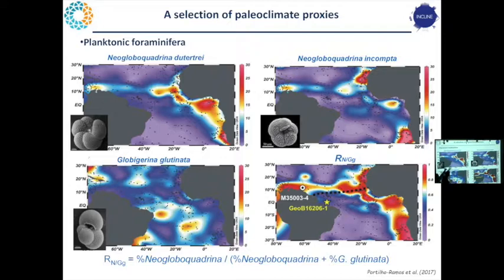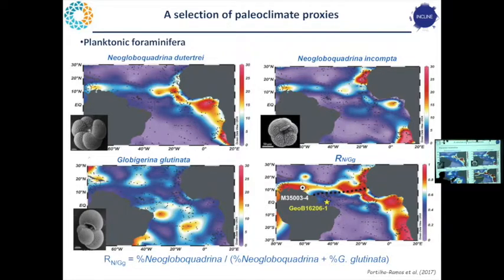Let us start with Neogloboquadrina dutertrei, this species here. Bluish means very small abundance of the species in percentage, and reddish means a lot of that species.